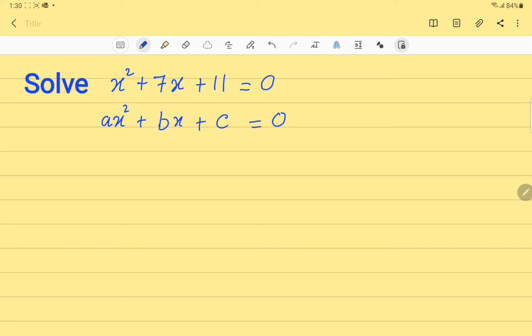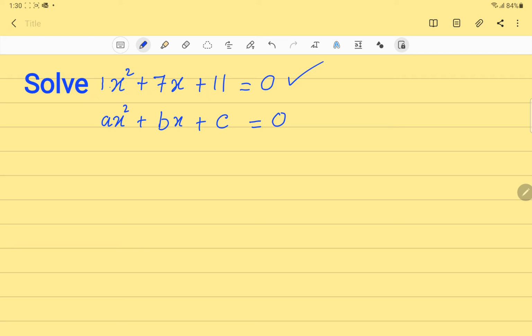Now we will compare the coefficient of x squared, x, and the term which is without x. X squared is not having any coefficient, which means it is 1. So we will compare the coefficients of the first equation, including the sign of these numbers. Like we will be considering plus with 11, plus with 7 and plus with 1.